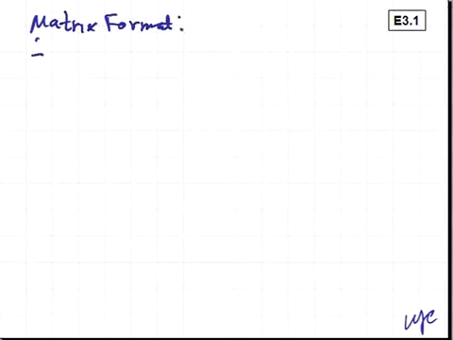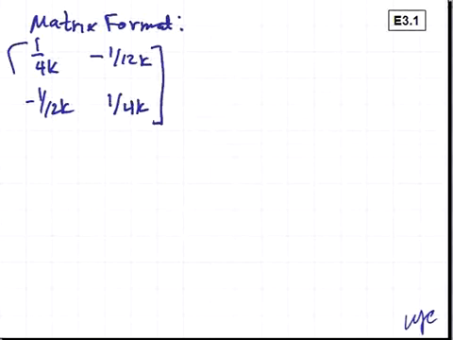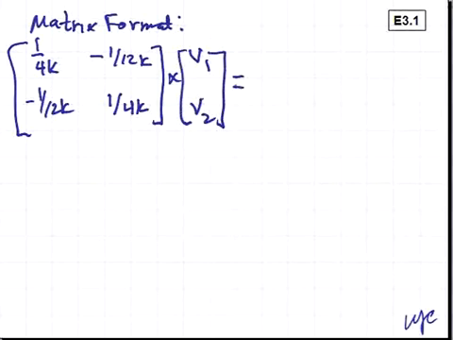Now if we write these two equations in the matrix format, we have 1 over 4K, minus 1 over 12K, minus 1 over 12K, and 1 over 4K, times the voltage matrix V1 and V2, is equal to 4 milliamps, minus 2 milliamps.